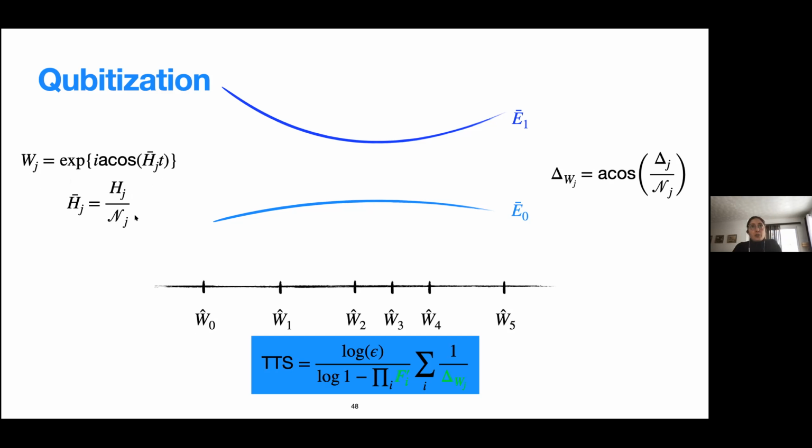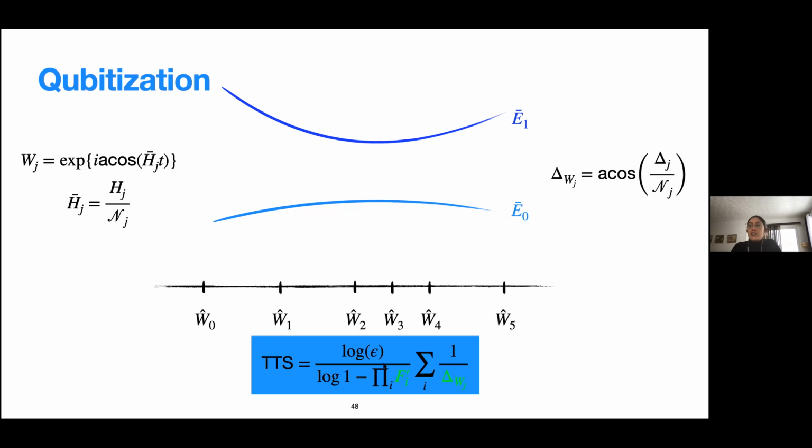Basically, it's up to an isometry, so we know how to recover Hg from the eigenstates of W. But the probability of measuring the ground state of, let's say, W1, given that you're in the ground state of W0, will be bounded by the probability of doing the same thing with the original Hamiltonian.